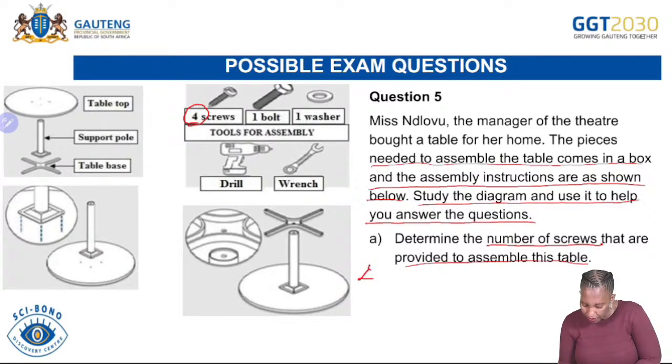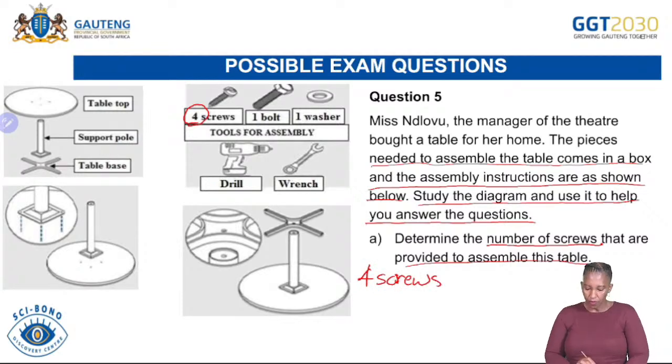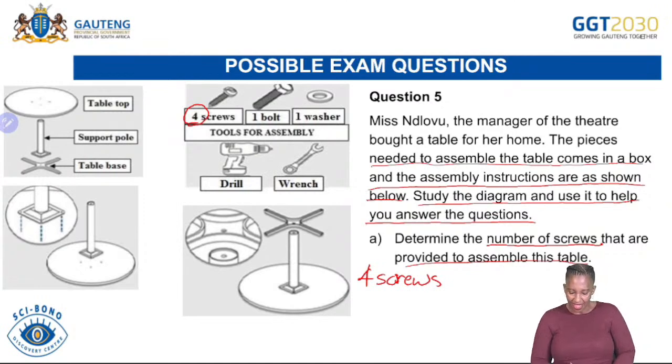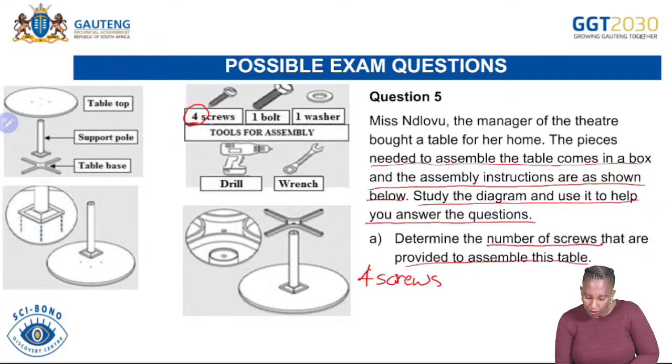So we need four screws, because it says determine the number of screws. It never said the bolt and the washer. No, it says the screws. So the screws, there are only 4.